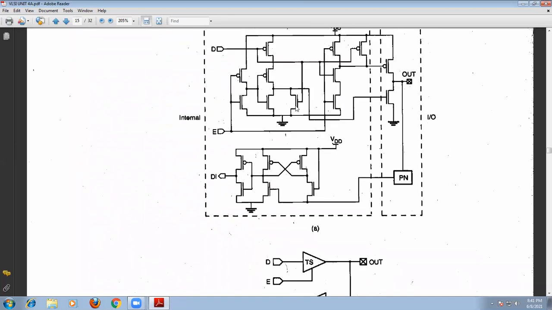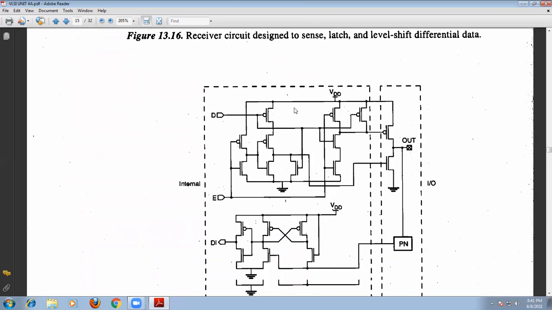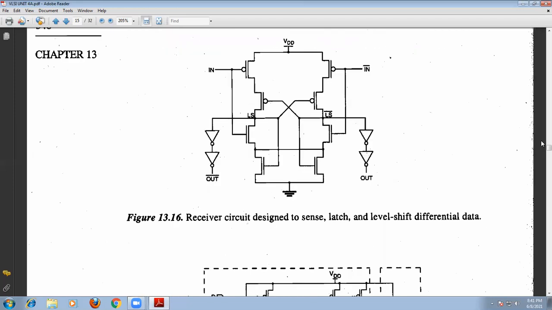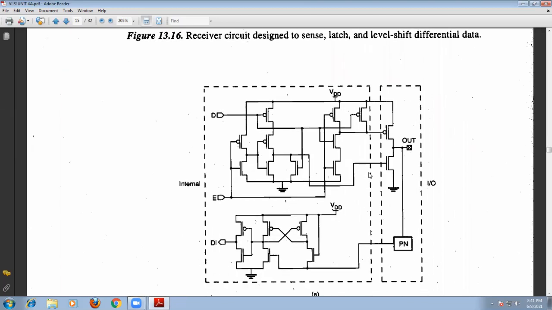That means you have the input circuit. Just observe: the first circuit has the D data, and you have a NAND gate and a NOR gate, and we are also using a strobe input signal. All these things we have to consider. We are using a Schmitt trigger in the input circuit.